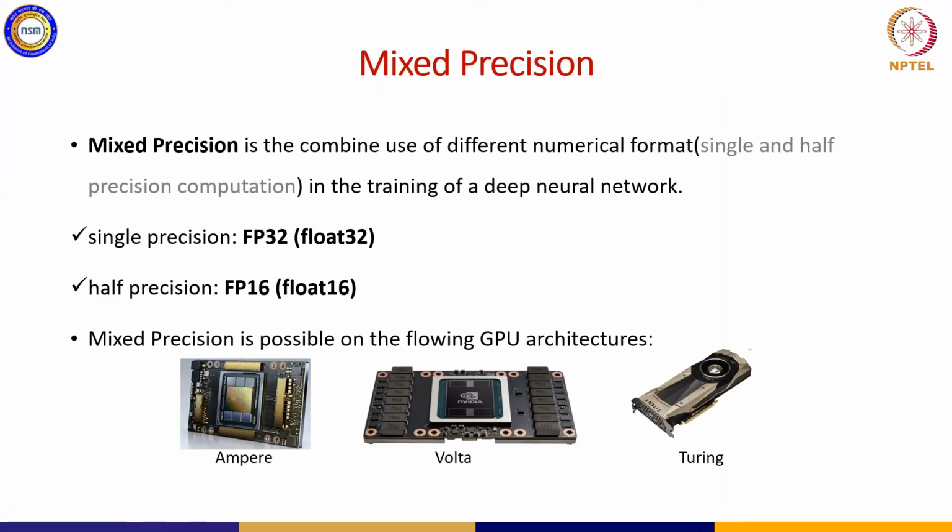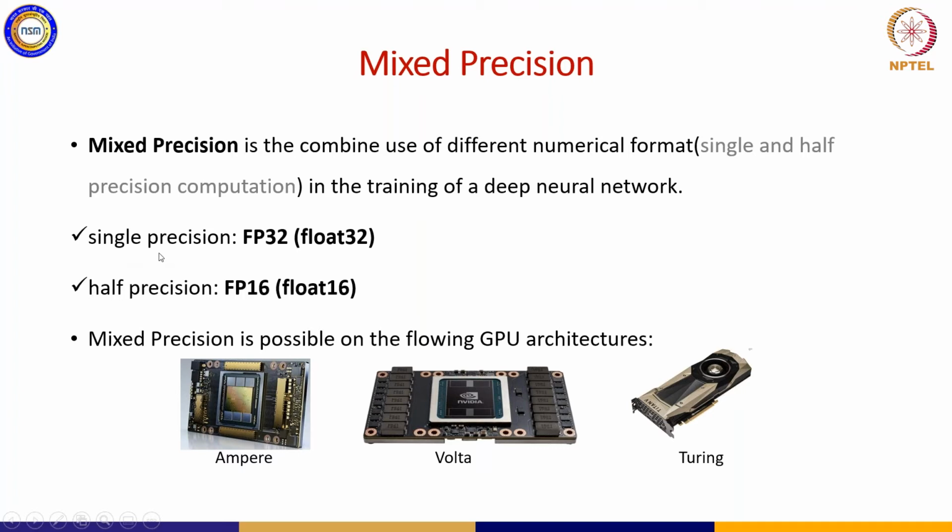So what do we refer to as mixed precision? Mixed precision is using different numerical formats. With respect to deep learning, we can say mixed precision is the use of single and half precision for computation during the training of a deep neural network. And what do we refer to as single precision?